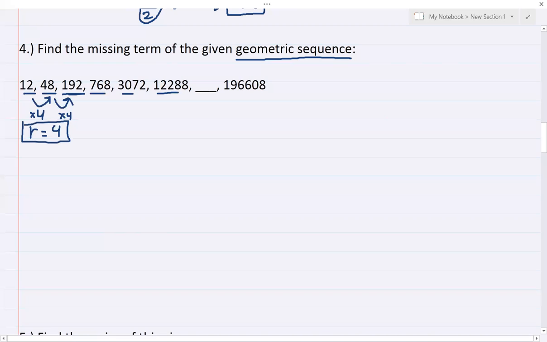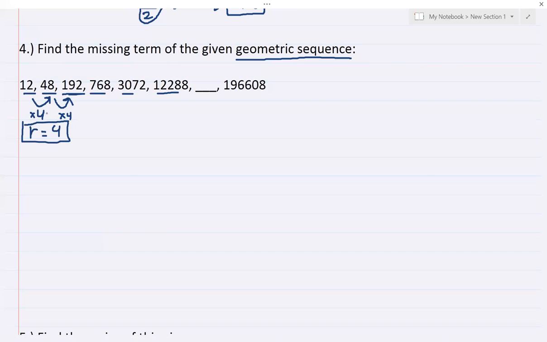But if you're having a hard time guessing, there's one thing for you to determine the ratio in an easy way.